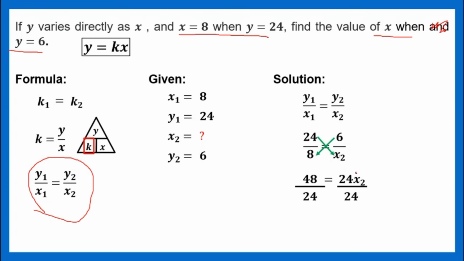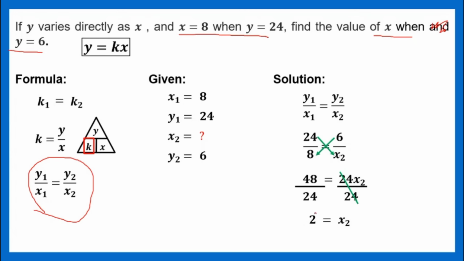Para maging x sub 2 na lang to, we're dividing that by 24. 24 divided by 24 is 1. So, magiging 1x sub 2 na lang yan, so x sub 2 na lang dito sa right. Tapos, 48 divided by 24, that is 2. So, 2 is equal to x sub 2.